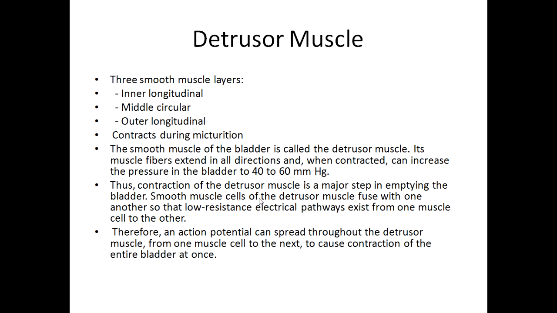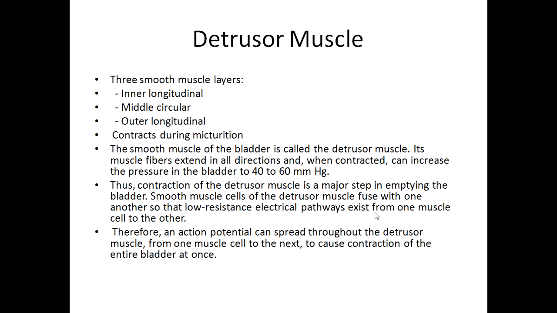Smooth muscle cells of the detrusor muscle fuse with one another so that low-resistance electrical pathways exist from one muscle cell to another.